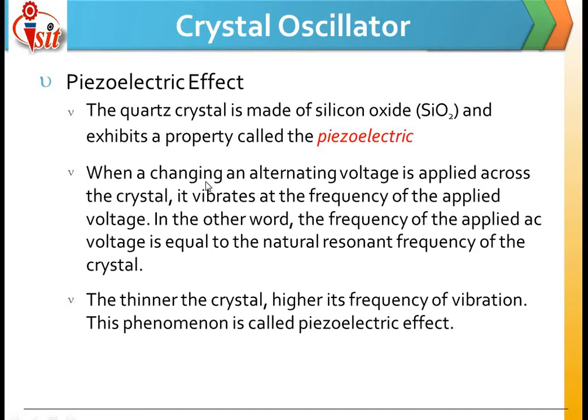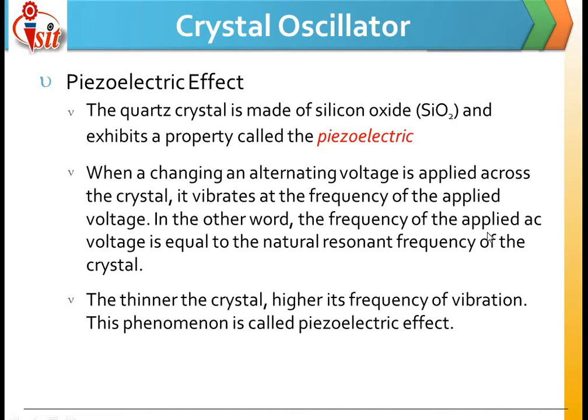In that effect, when an alternating voltage is applied across a crystal, it vibrates at the frequency of the applied voltage. That means whatever frequency is applied to the circuit, the circuit goes on vibrating along with that frequency.